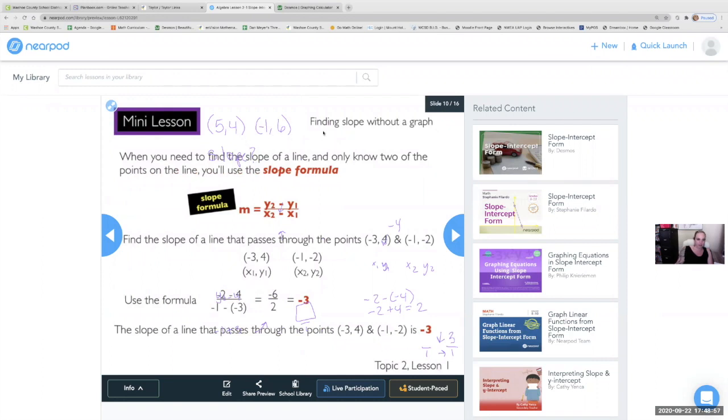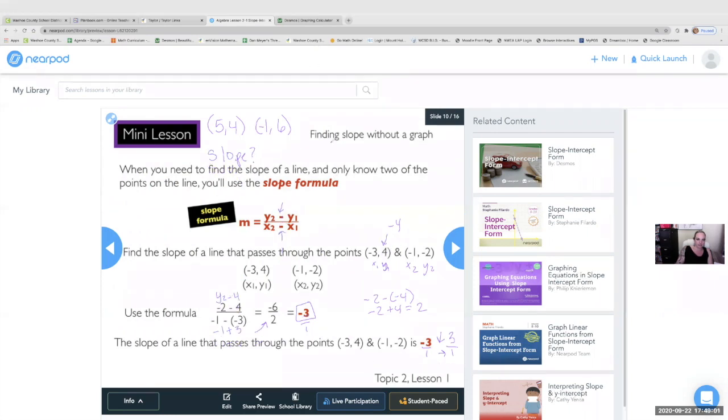The slope then would have been 6 minus 4 over -1 minus 5. And you get 2. -1 minus 5 is -6, and that simplifies to -1/3. So the slope would have been -1/3.